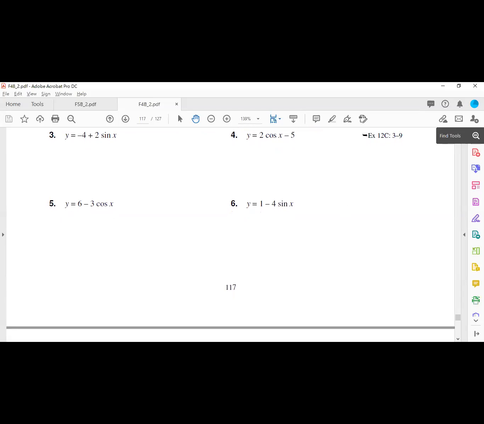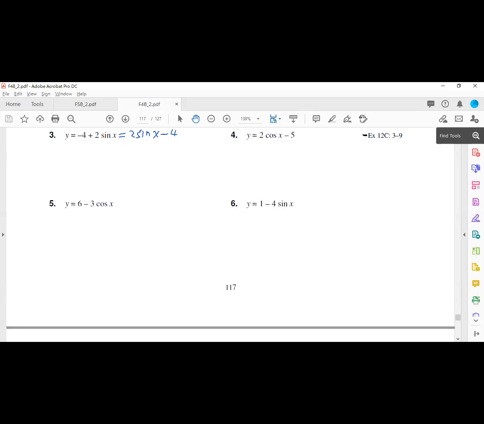Number 3. So y is equal to -4 plus 2 sine x. 嗱呢度咧，我會建議你調一調位先嘅。It is positive 2 sine x minus 4, right?